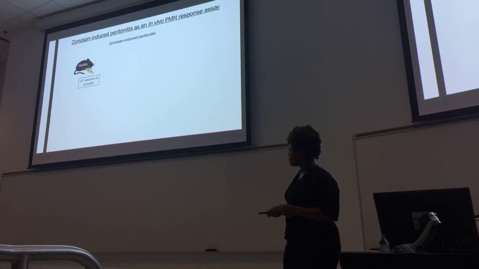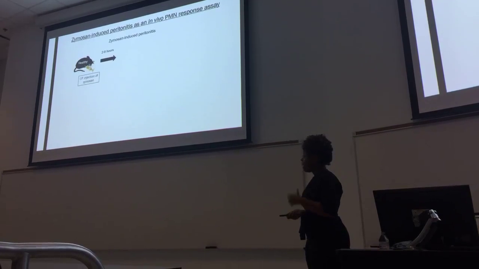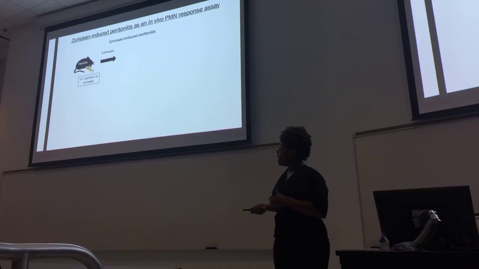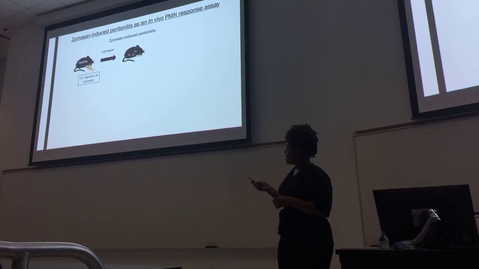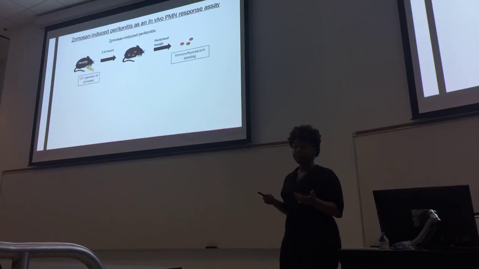Specifically, healthy black 6 mice, approximately 20 grams, were intraperitoneally injected with zymosan, and then they looked at the peritoneal cavity at multiple time points between 2 and 8 hours. After allowing these cells to infiltrate for 2 to 8 hours, they expected to see this infiltration. And then they collected the cells by peritoneal lavage after euthanasia and labeled them fluorescently for markers for PMN or neutrophil.